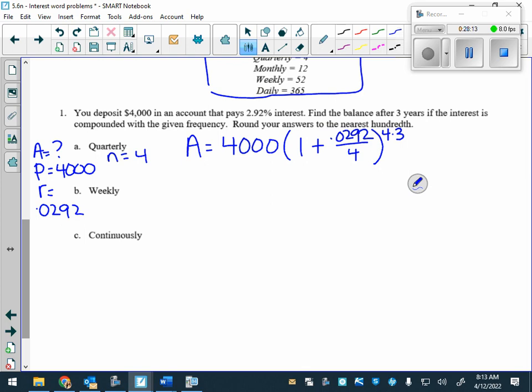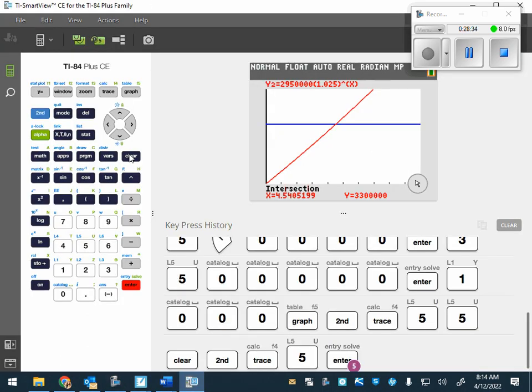If you notice, the fraction bar, the division bar, is only here, not over the whole thing. So in your calculators, I'll show you 2 ways, one with parentheses and one step at a time. So clear out of this.